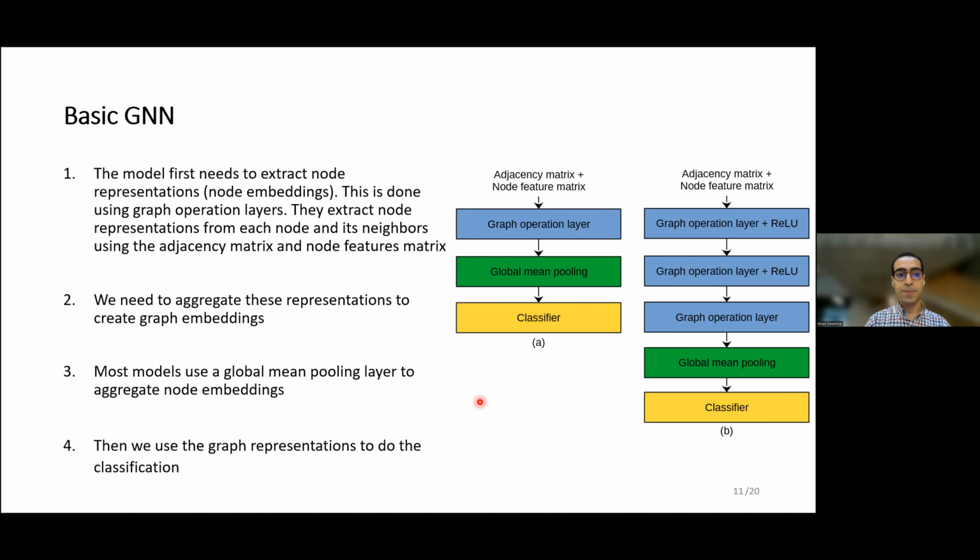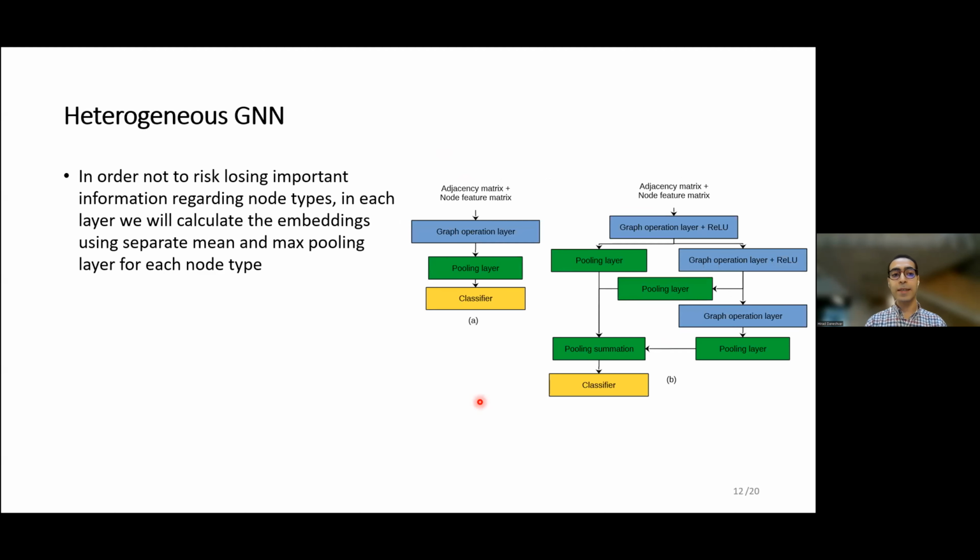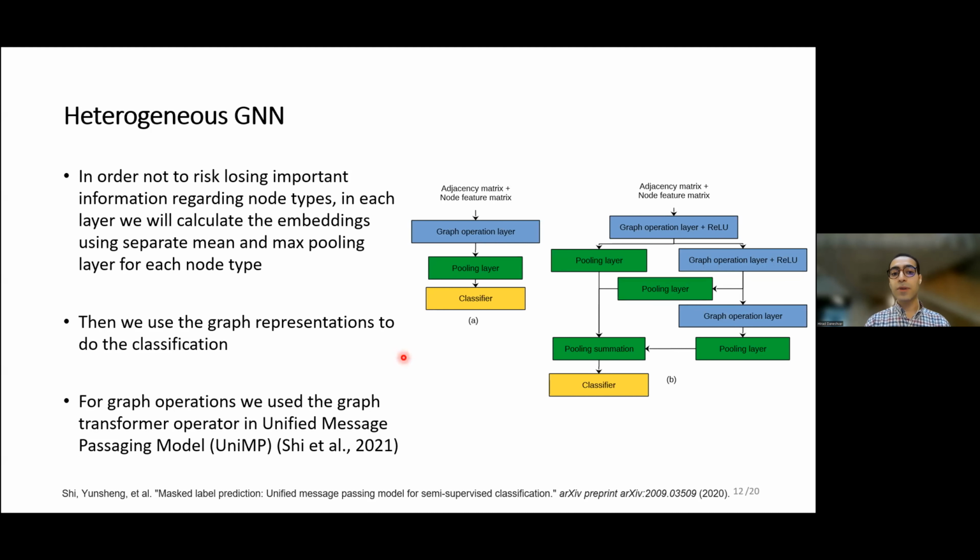What we did was, in order not to risk losing important information regarding node type, in each layer, we calculate the embeddings using separate mean and max pooling layers for each node type. Then we use the graph representation to do the classification like before. So here, after each layer, we have a pooling layer. And if we have more than one layer, we need a pooling summation to create our final graph embedding.